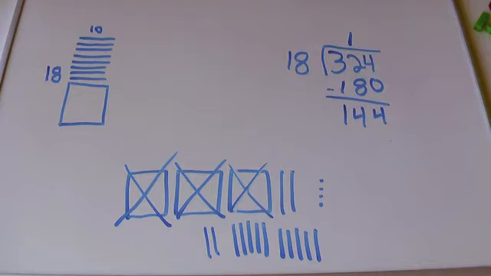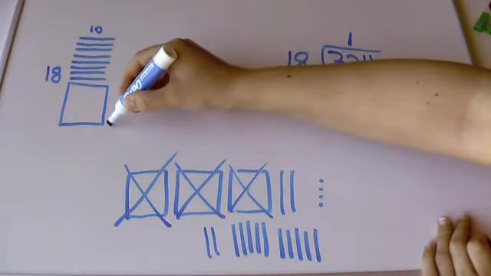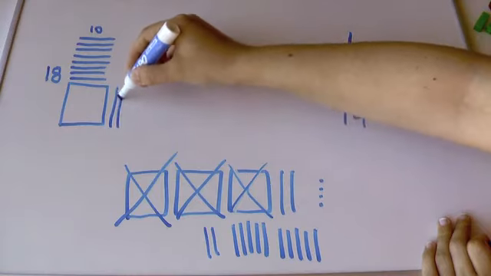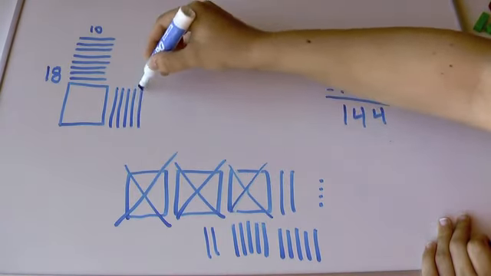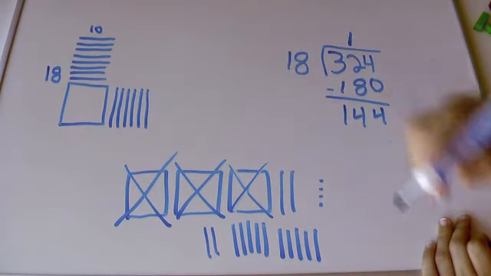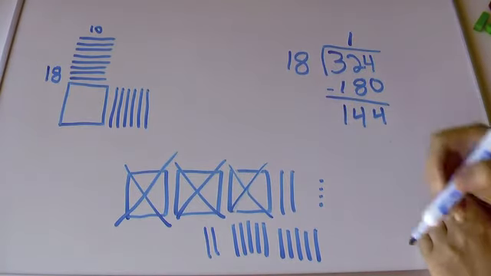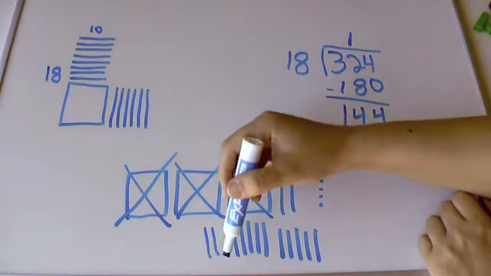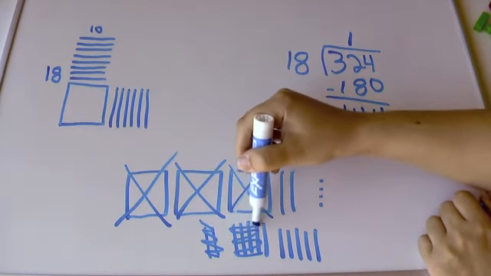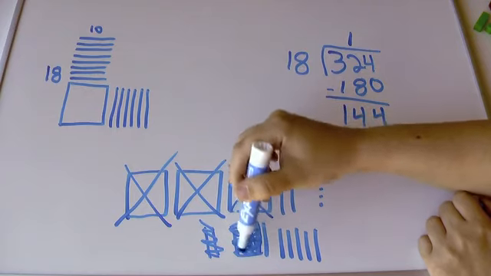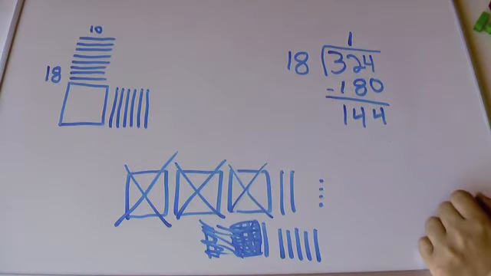I'm just going to kind of guess how many tens to put here. 4, 5, let's try 6, okay? So if I use up these 2 and these 4, okay? I've used up 6 tens.